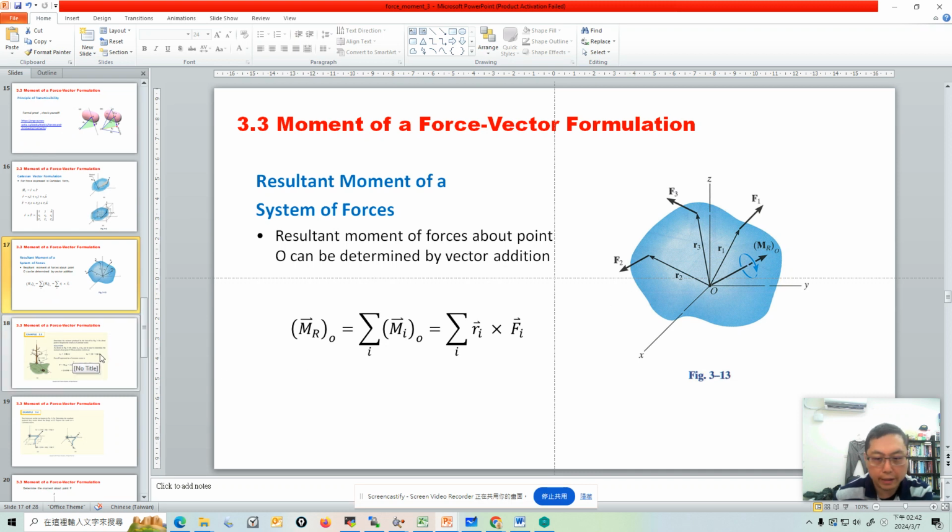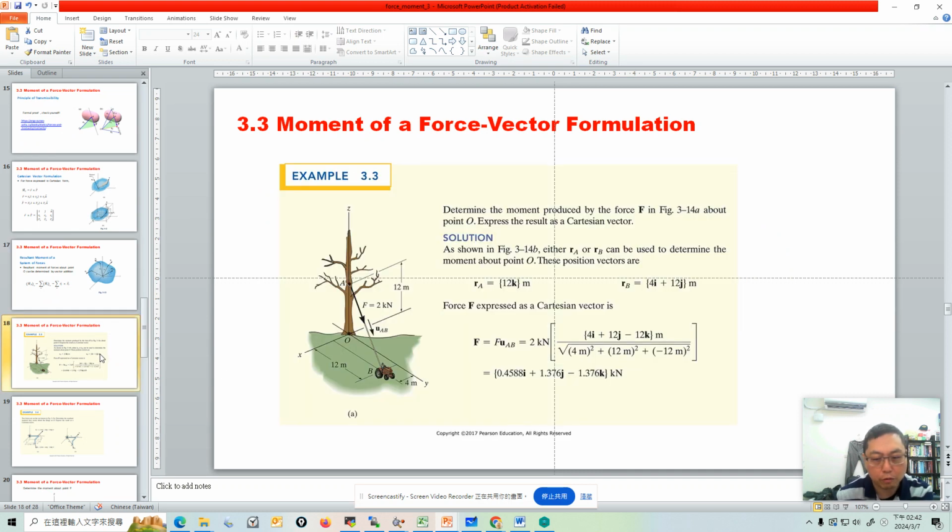Okay, so let me raise one example to let you practice the 3D moment calculation. Suppose there's a tractor here, and there's a cable here. The fixed point of this cable is on point A, and this tractor is pulling this cable with a force of about 2 kilonewton.